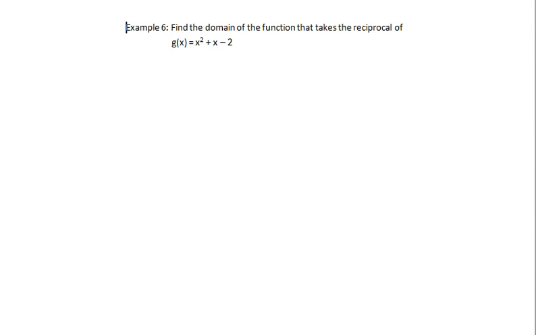Our next example is to find the domain of the function that takes the reciprocal of g of x equals x squared plus x minus 2. So first of all, we can start with any value of x and create x squared plus x minus 2 because g is a polynomial function.